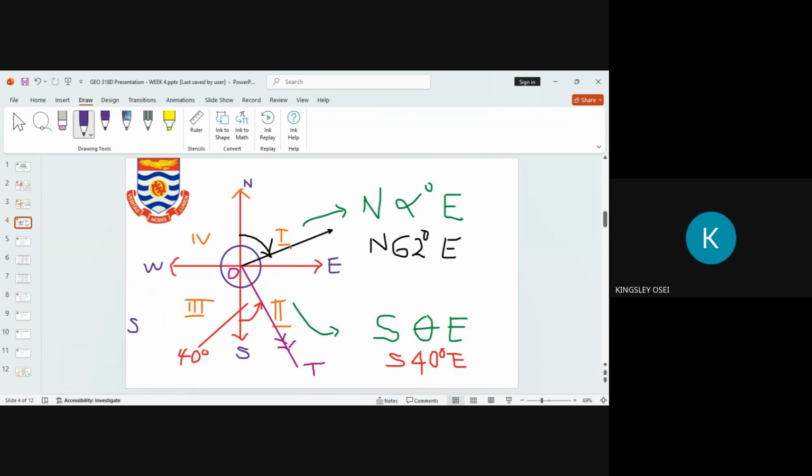I've used alpha, I've used beta. Okay, I want to use phi. When you're in the third quadrant, that's how you pronounce bearing. South is your angle, and then the bearing comes.